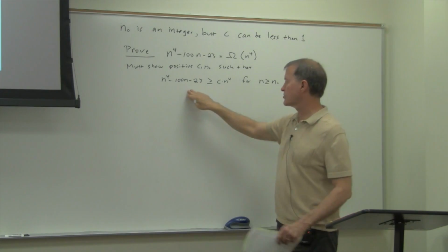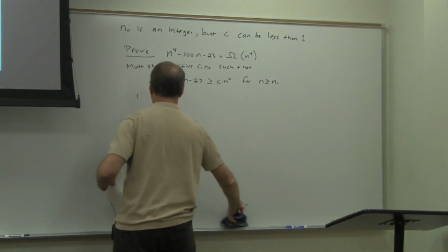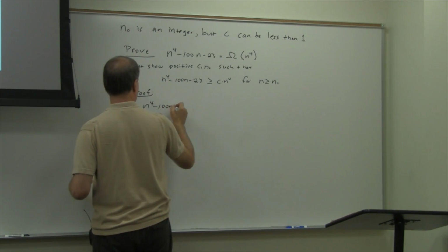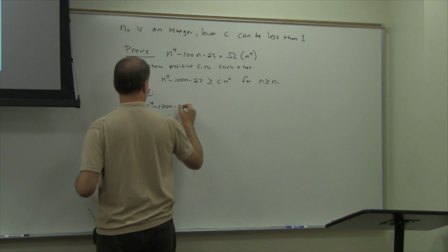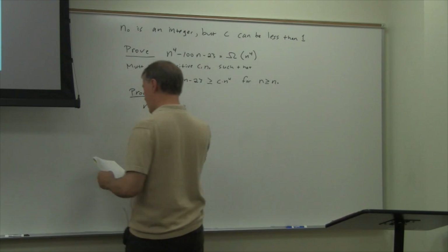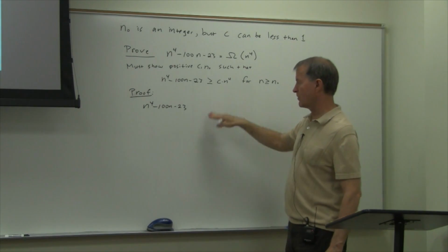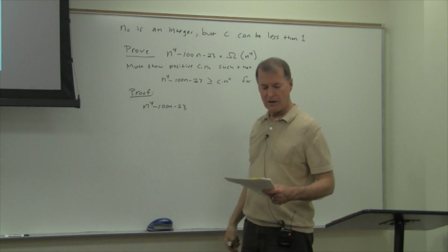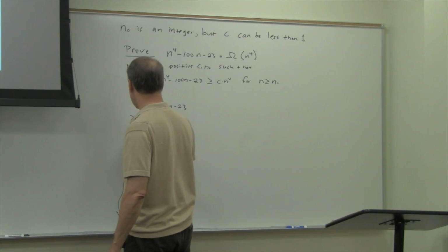So as usual, we'll start this way. Here's the proof. We'll start with n to the 4th minus 100n minus 23. And now what we have to do is get this to be greater than or equal to something, so we need some equals and some greater than or equal to's along here.